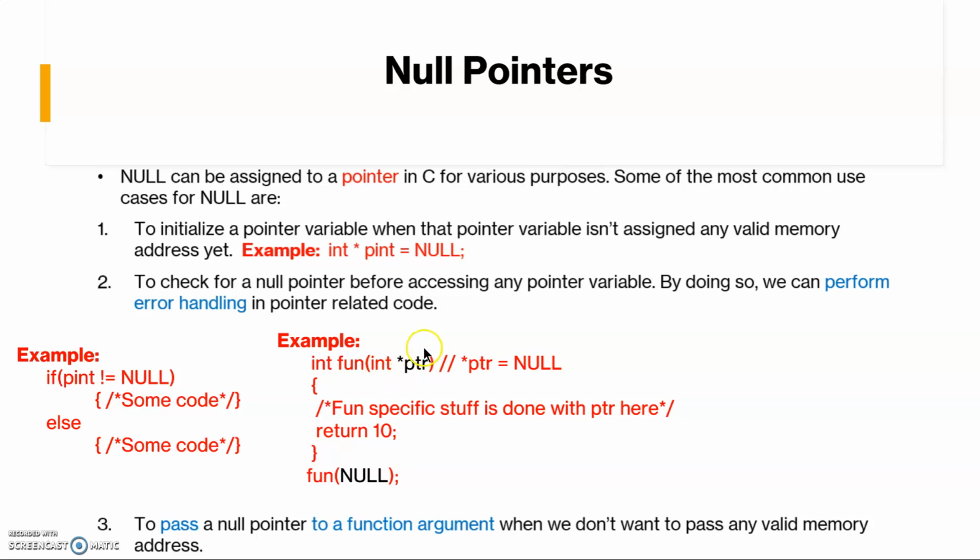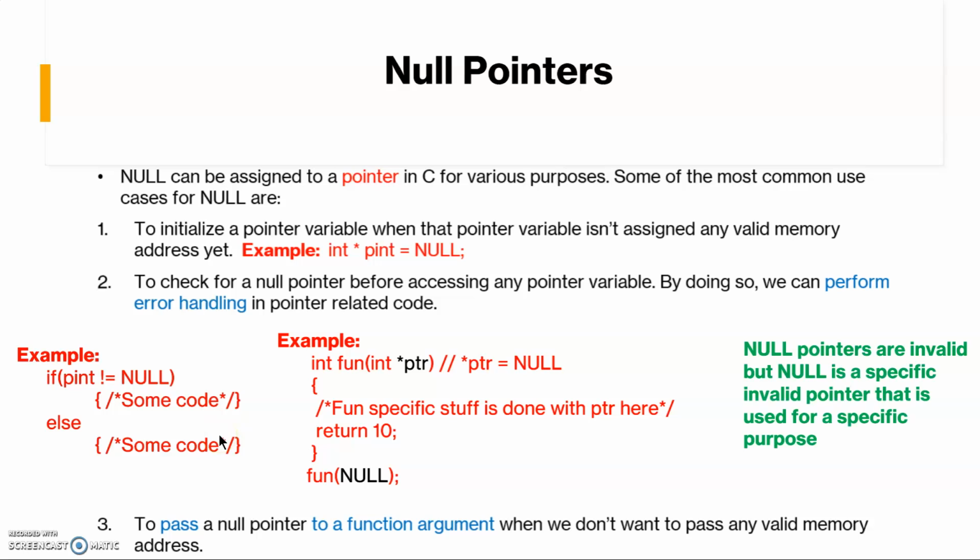Here ptr is nothing but the value will be null. So if you don't know what to pass, then you can simply pass the null value, or else you can write if the int ptr, whatever pointer value, is null, then you can write some code, and if it is not null, you can write some other code. According to your requirement, you can make changes in your program.